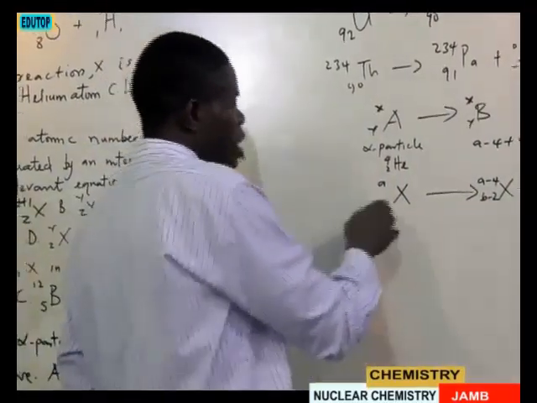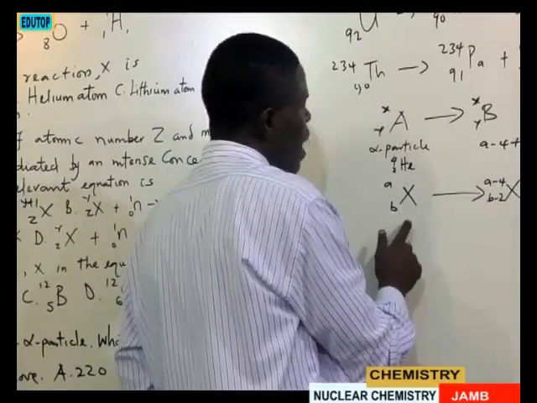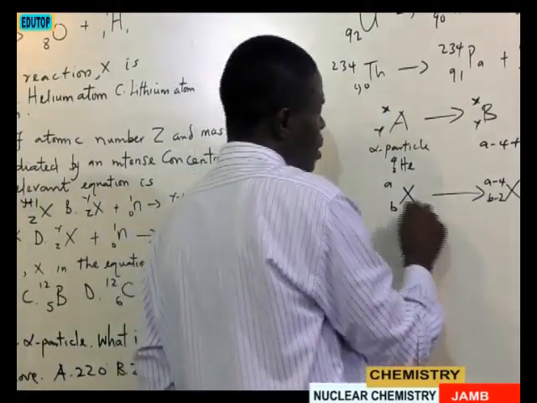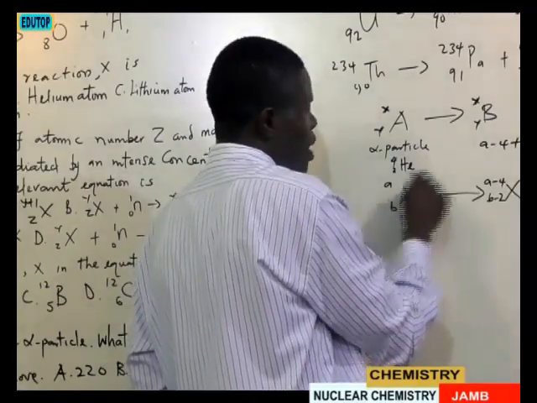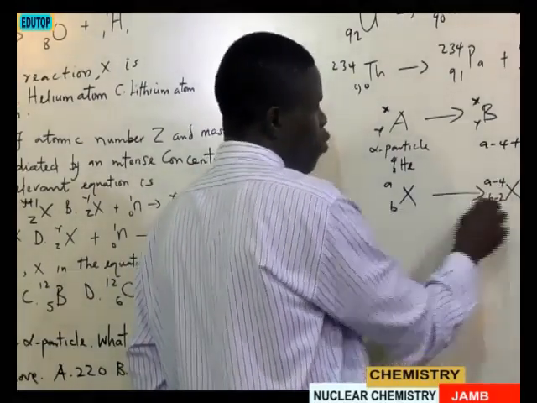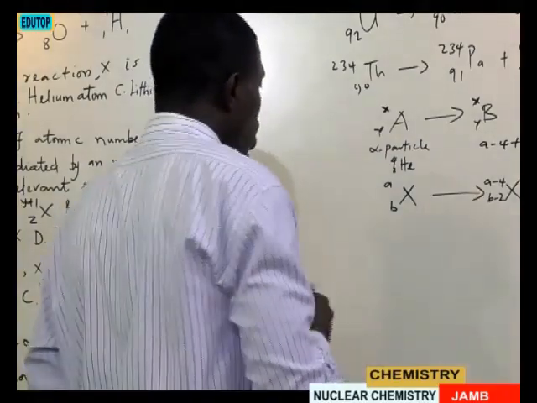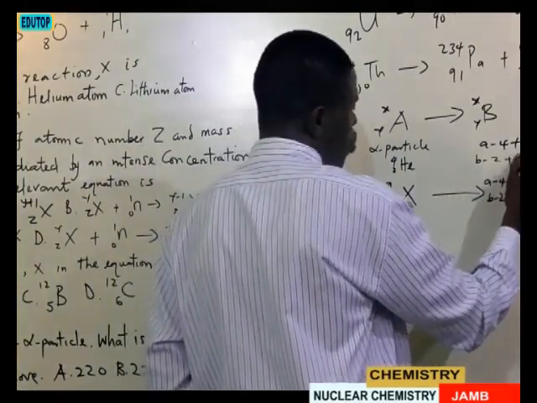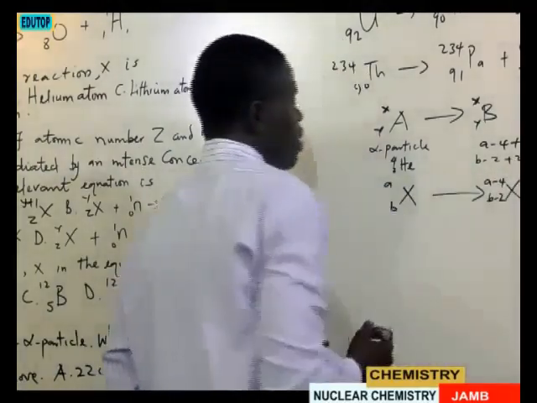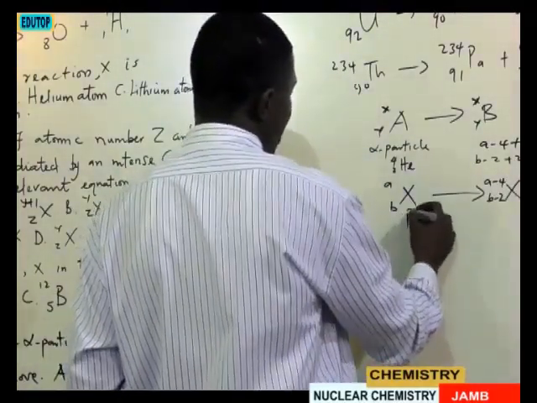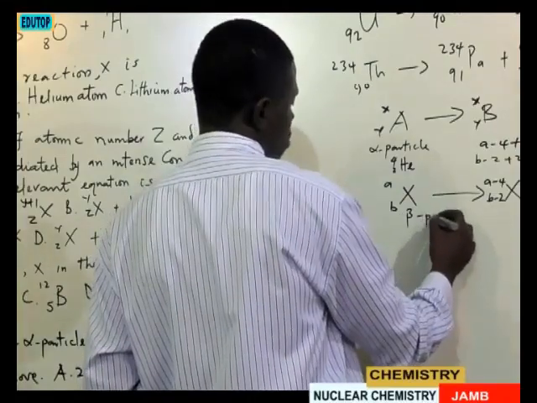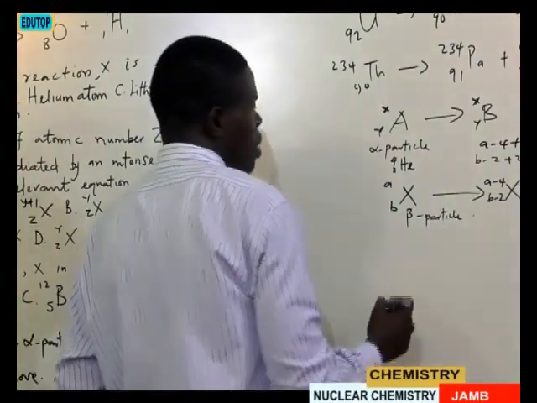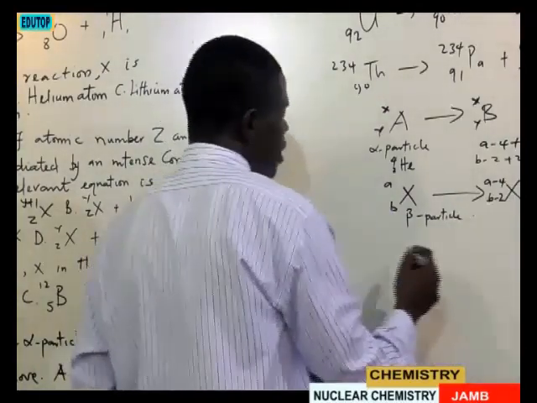So that means if this one is going to undergo alpha decay, the mass number will decrease by 4, the atomic number will decrease by 2. Then also, because B minus 2 plus 2 is also B, which is this. Then for beta particle, instead of having a decrease, there will be an increase.